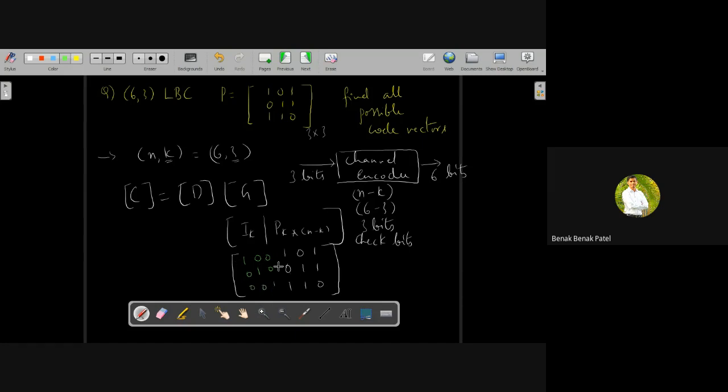This is how I can get my generator matrix, my overall generator matrix. And all I have to do is multiply this generator matrix with the input D in order to get C. Let's do that.